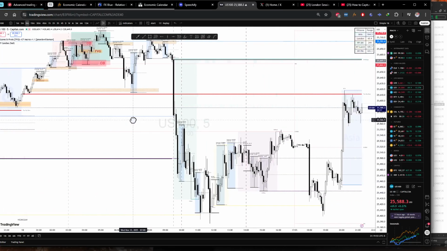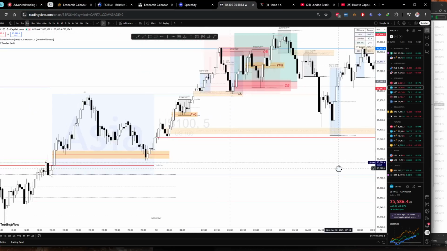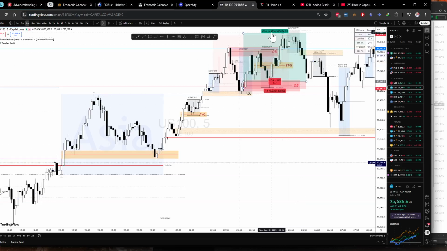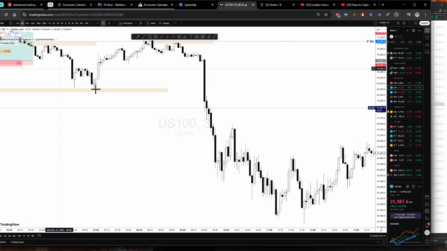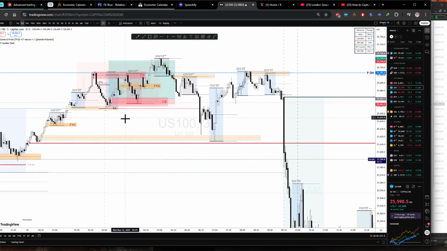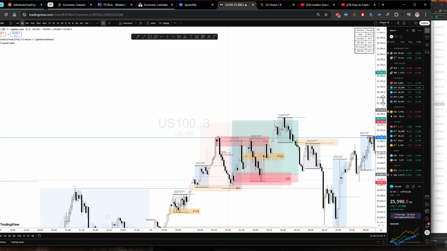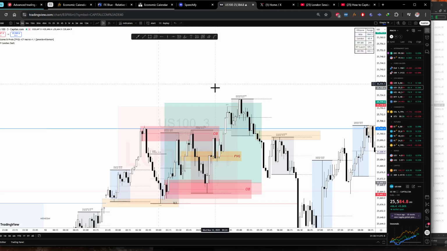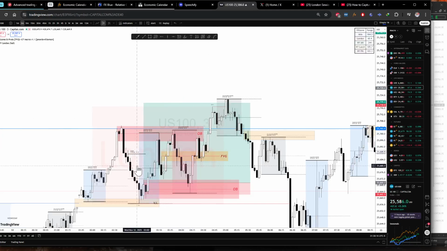So that was what I was thinking, that we were going to finally get a sell off there, but didn't get that. I took a buy entry here using the 3 minute time frame right inside this macro. The macro is, let me see, right around 3 to 4.